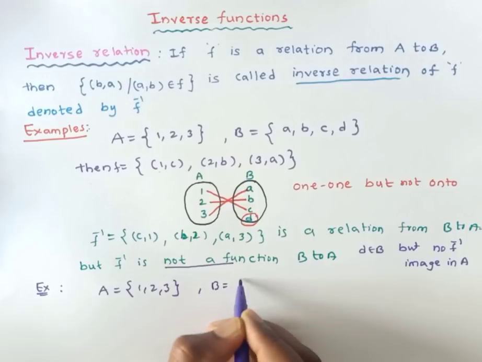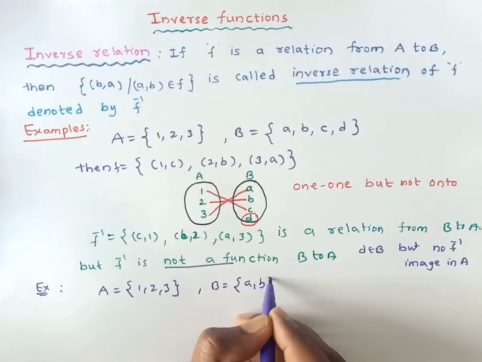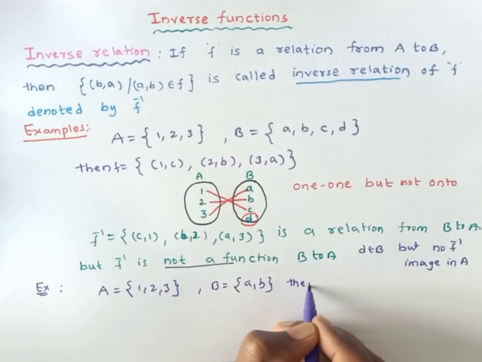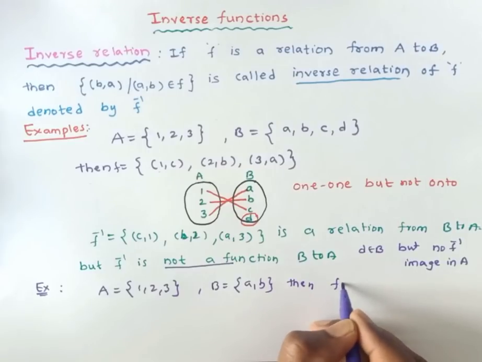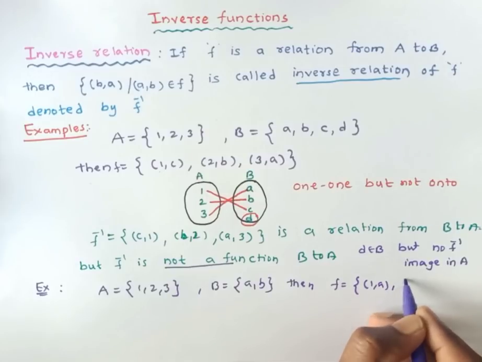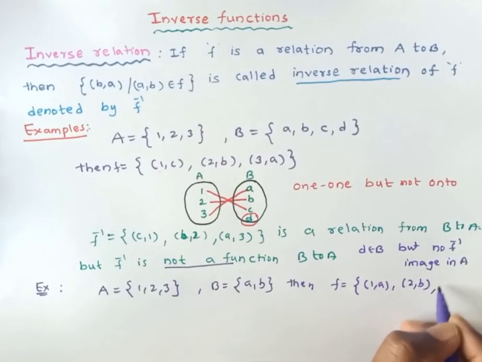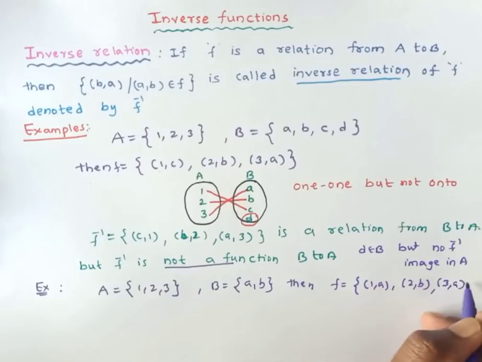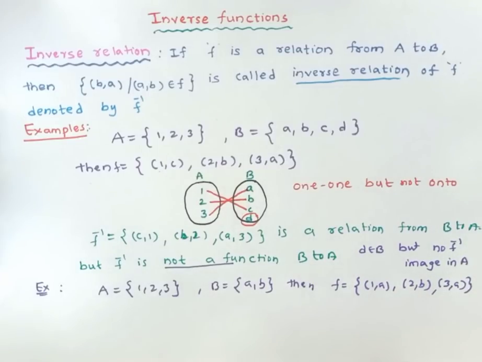And B equals {a, b} is given. Then one relation is given like F equals {(1, a), (2, b), (3, a)}. So this relation is given. Now you need to check whether F inverse is a function or not.